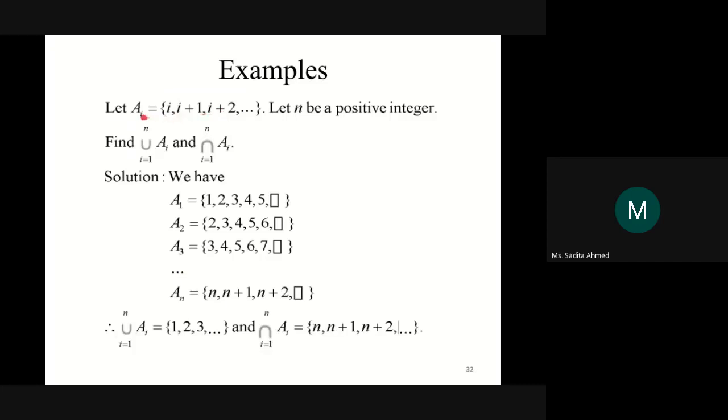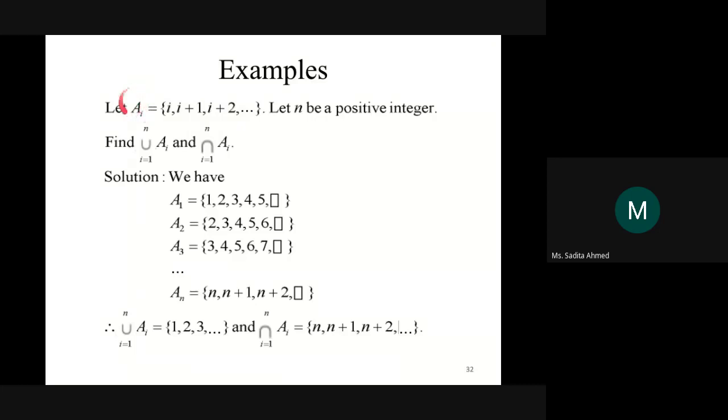As you can see here, A_i is represented by the formula where the elements start from i, then increment by 1, i plus 1, then i plus 2, i plus 3, i plus 4, and so on until infinity. It keeps on going. So each of the sets in this generalized union or generalized intersection will have the elements based on this definition.